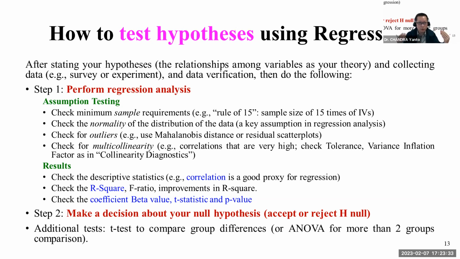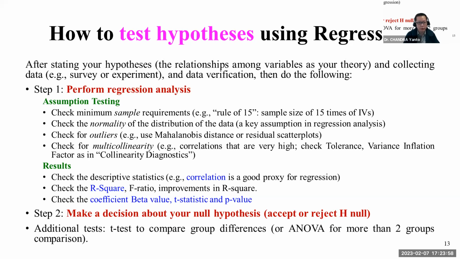After you state your hypothesis, you collect your data, right? You can use a survey or experiment or whichever method, and then you collect the data, verify your data, check for anything that is strange or missing values, and then you can do your regression analysis. Before you even do your regression analysis, as your step one, so actually this is a very simple two-step process, but step one has two components.